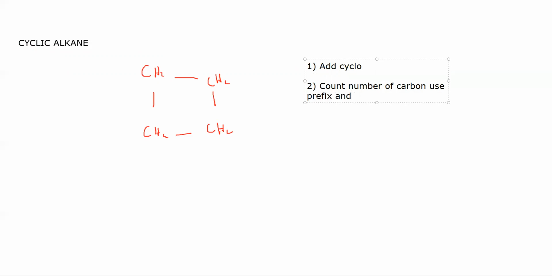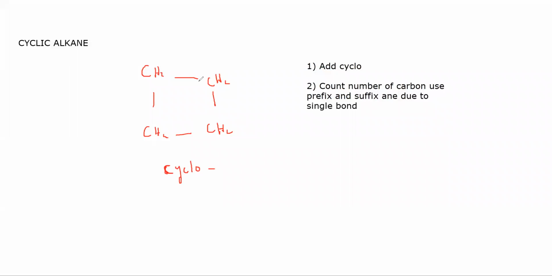And the single bond, so the suffix ane will be there. So if I want to name this, because it is a cyclic compound, I will use the word cyclo.